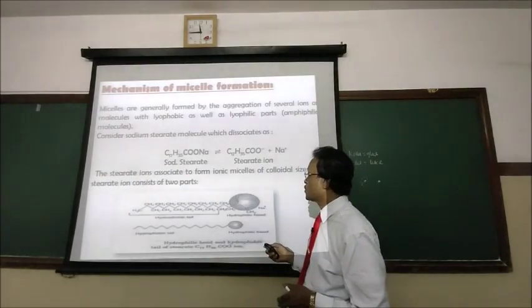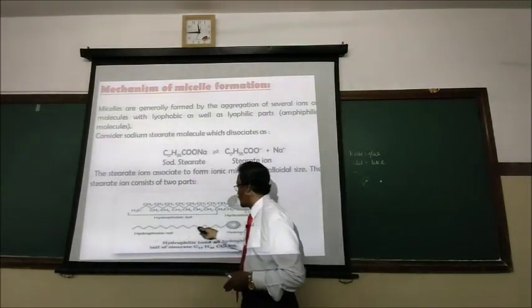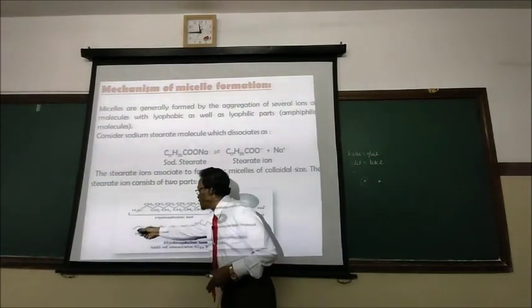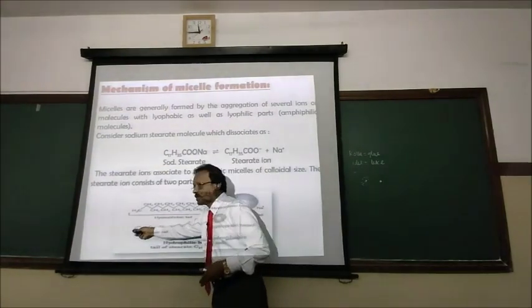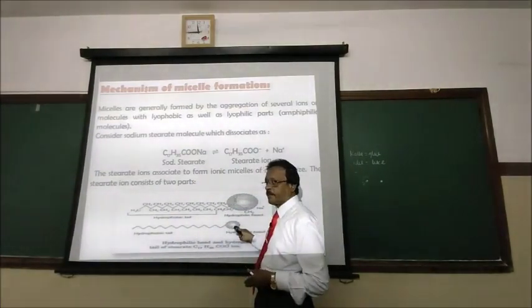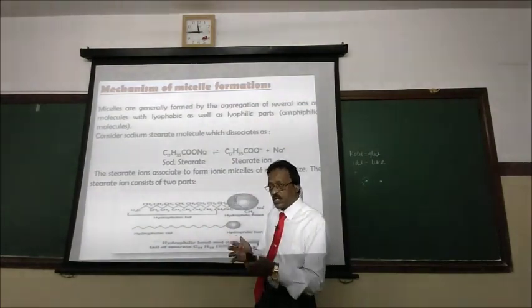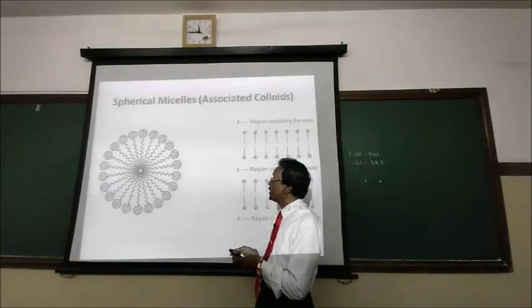So this is the diagram I show here. At low concentration, soap is an ion. It has a hydrocarbon chain, which is a tail, a hydrocarbon tail that is solvent-hating. The COO minus is the polar head, the solvent-loving end. When the concentration is increased, they associate. More of these soap ions associate to form a spherical molecule.